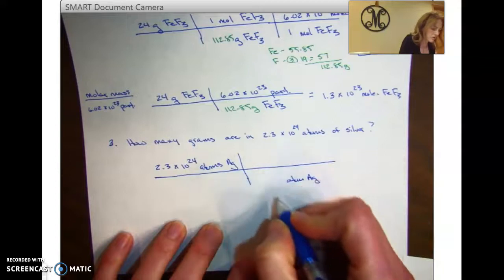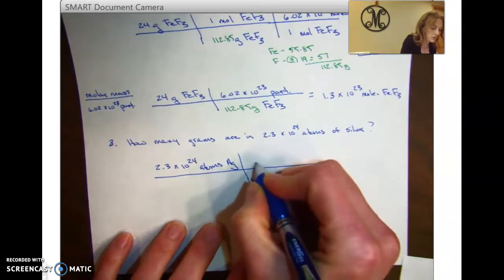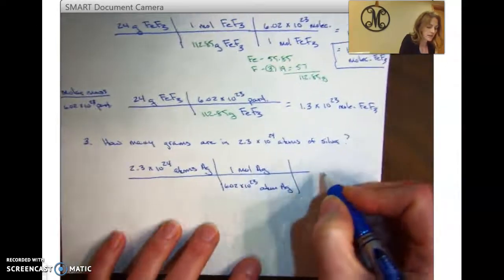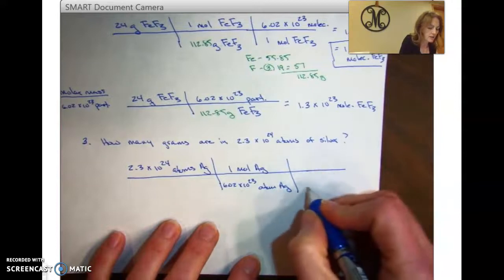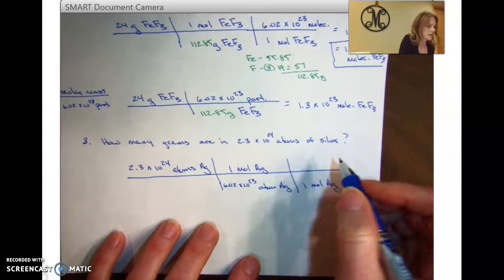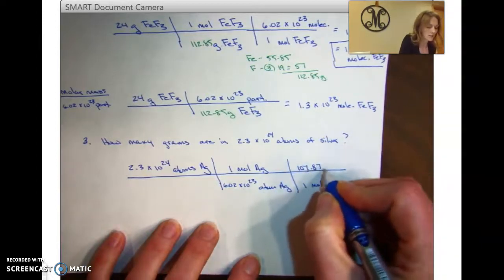And I know that 6.02 times 10 to the 23rd atoms are in 1 mole of silver. And then I know that 1 mole of silver, I go to my periodic table, it has a mass of 107.87 grams.